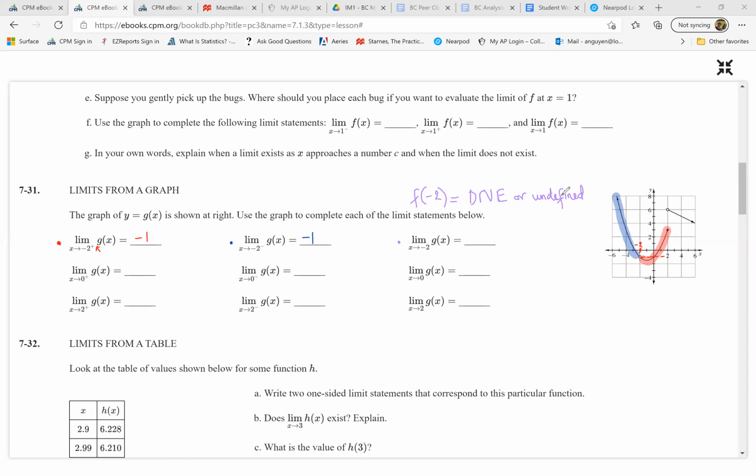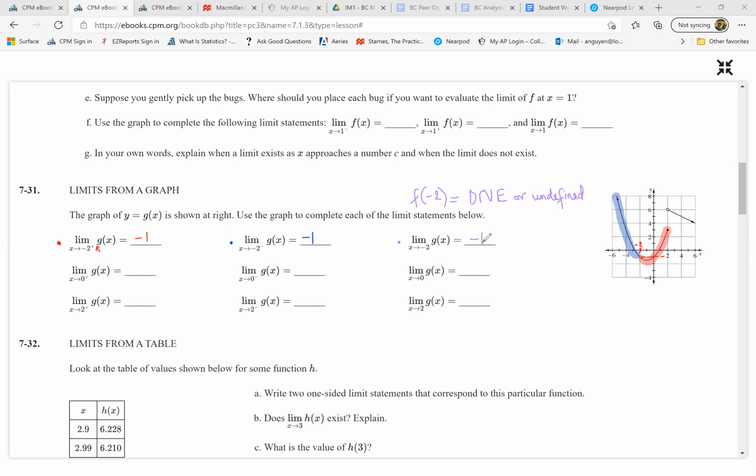Okay, Sasuke, you gave me -1. Anyone else? No? Yes, I agree with you, Sasuke. So the limit will be -1.